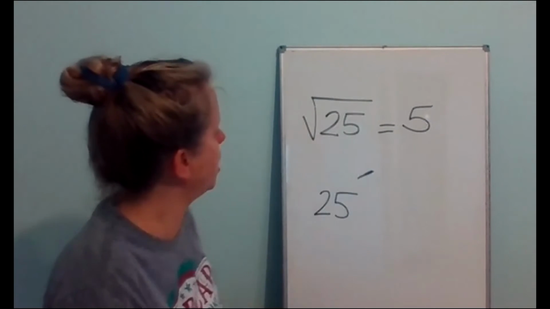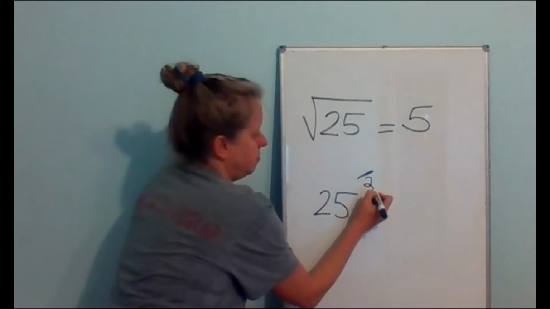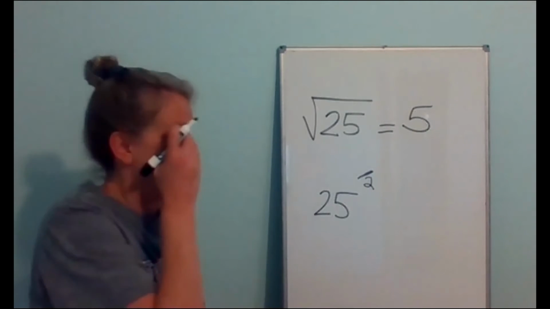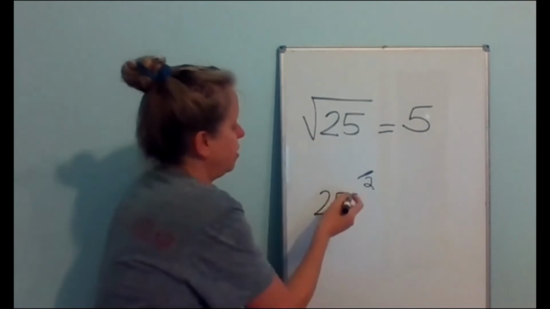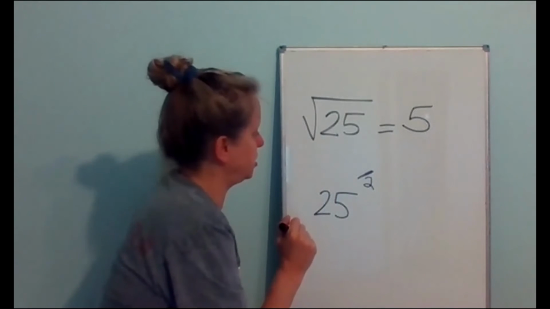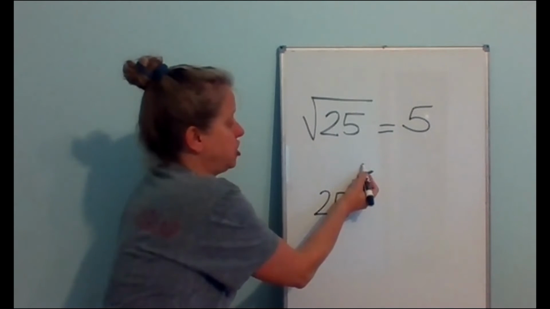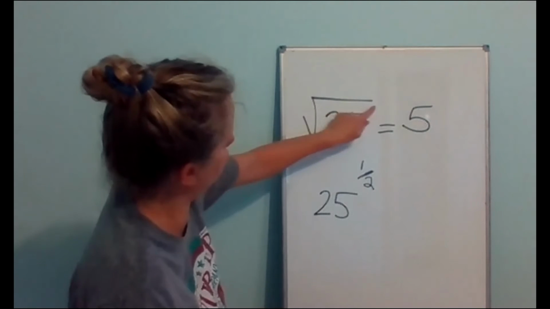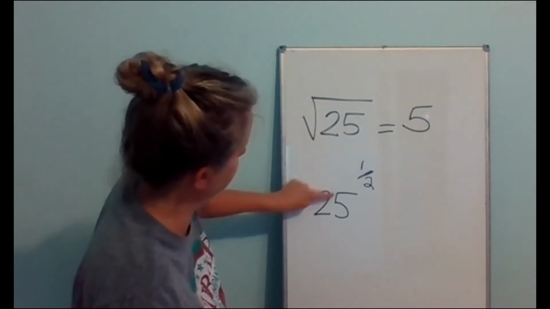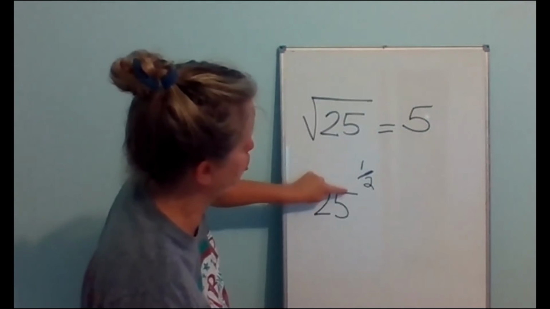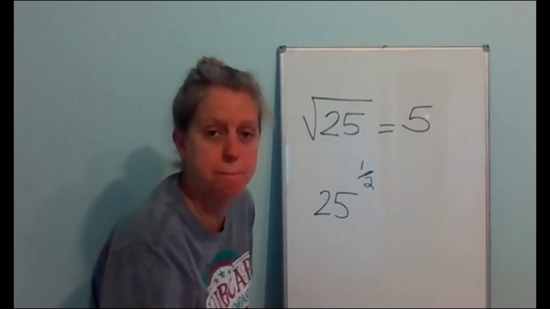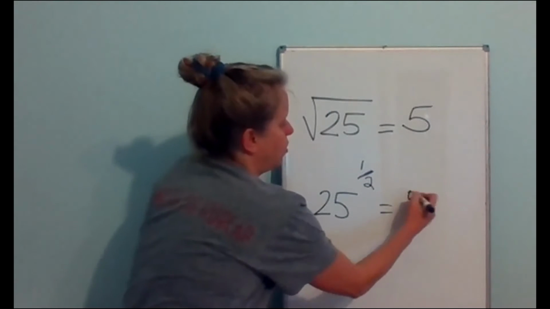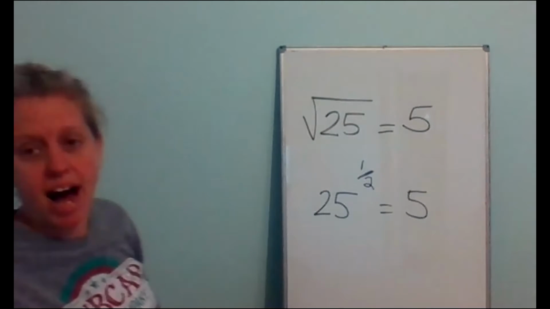So taking the square root of something is the same thing as taking the second root of that number. Now, when we are just talking about square roots and cube roots and things like that, the numerator of this fraction is going to be a 1. Taking the square root is the same thing as raising that number to the 1/2 power. So 25 to the 1/2 power is also 5.